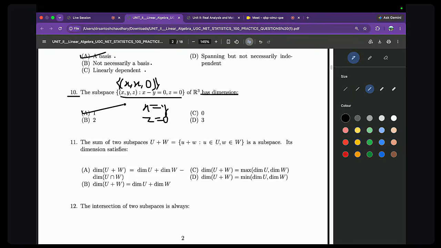So just one free variable. How many free variables are there? So free variable is just one, x only. If you know the x, other variable already determined है, x अगर 1 है तो y भी 1 होगा, z 0 हो जाएगा, है ना.